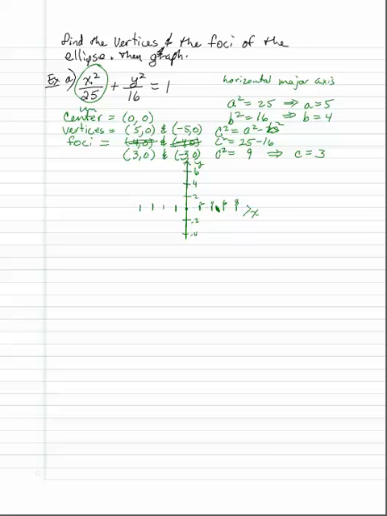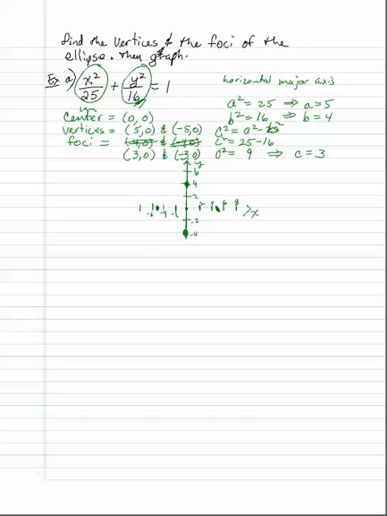And then I go back to the center and go 1, 2, 3, 4, 5 in the negative direction. Put a dot there. And then in the y direction, square root of 16 is 4, so I go up 4, down 4.